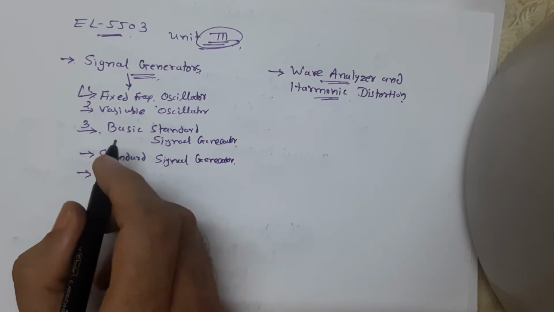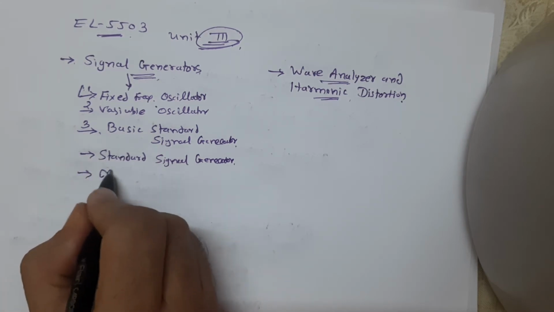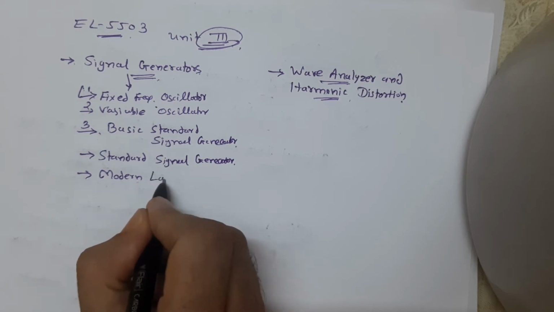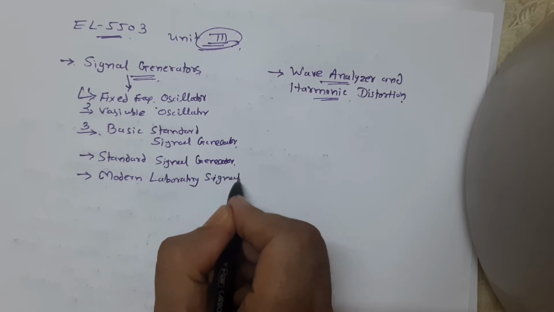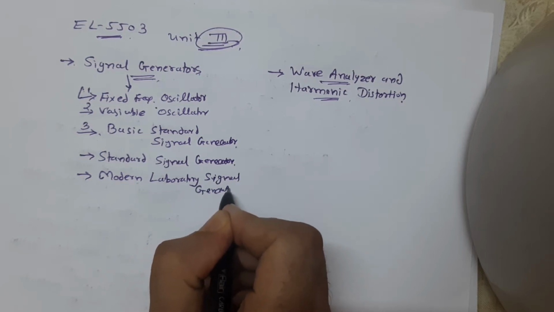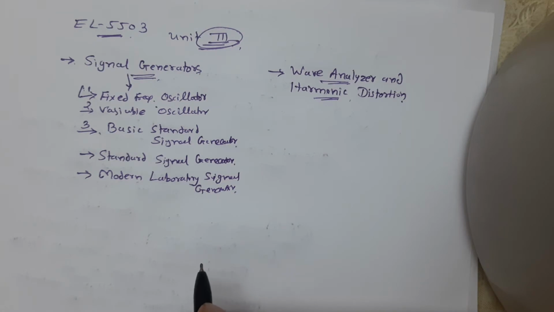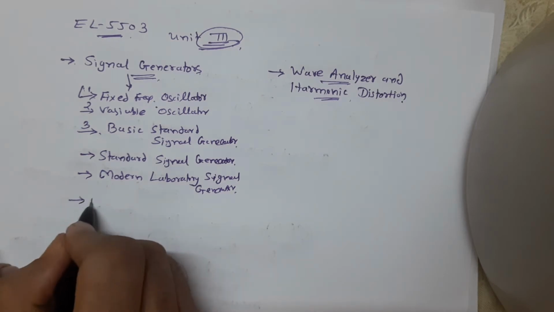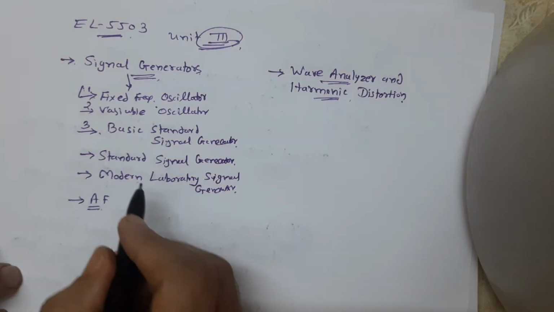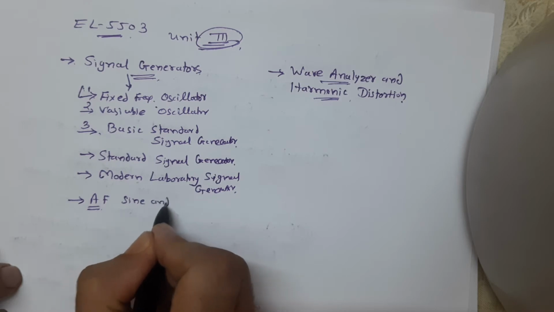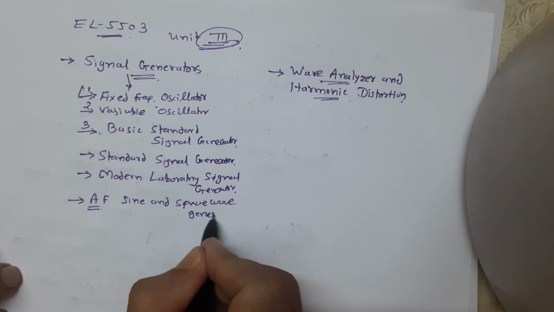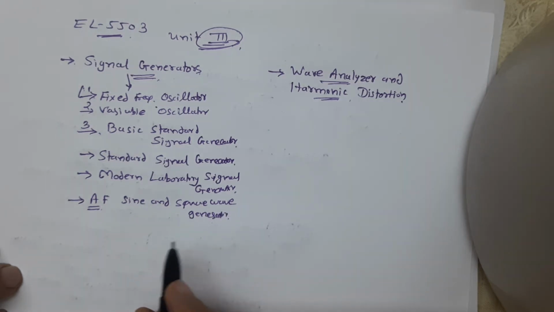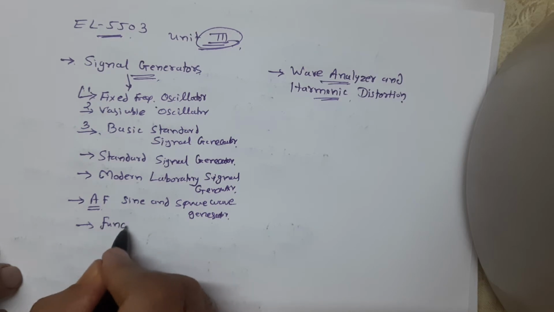Then next one is the modern laboratory signal generator. Then next one is the AF sine and square wave generator. AF means audio frequency. Next one is the function generator.